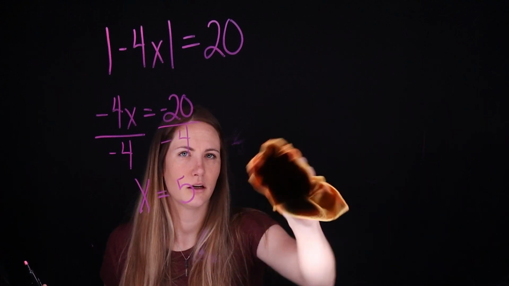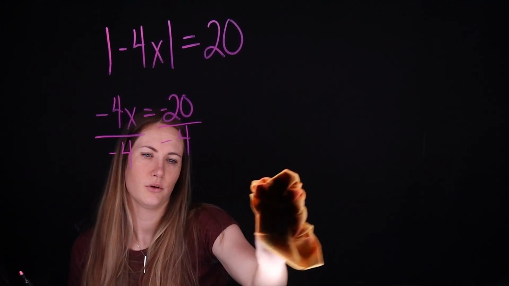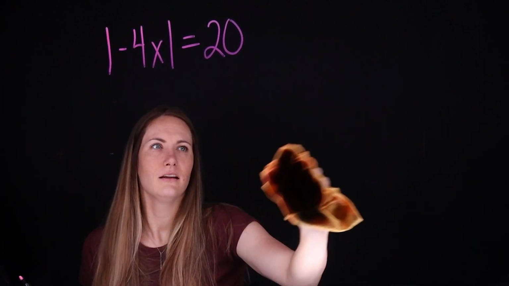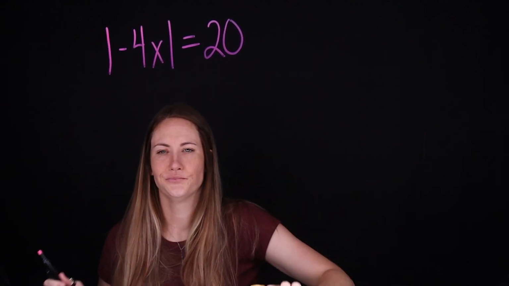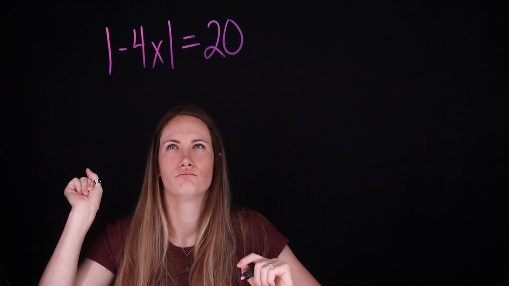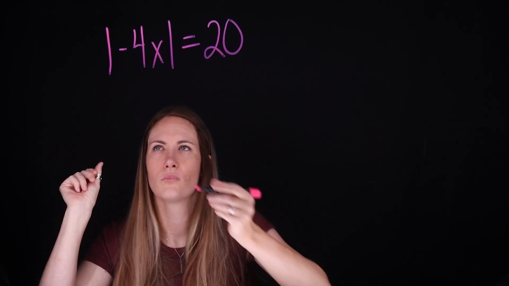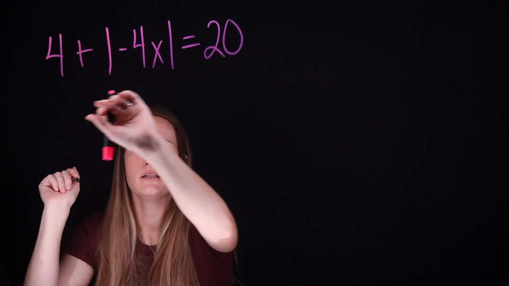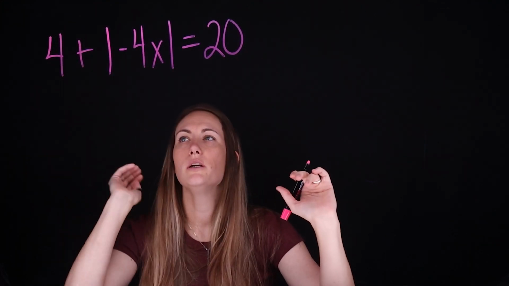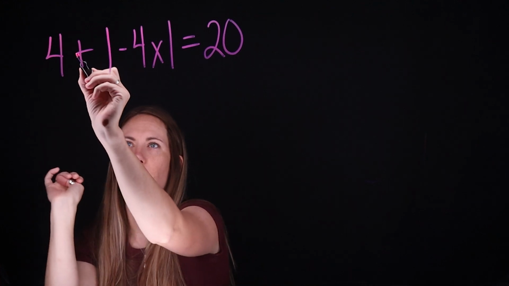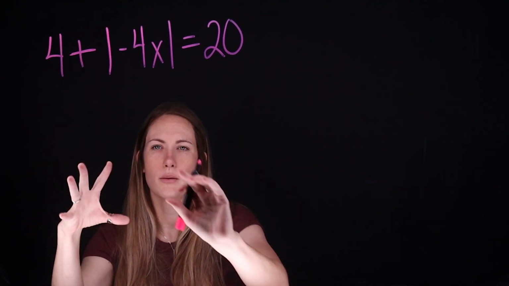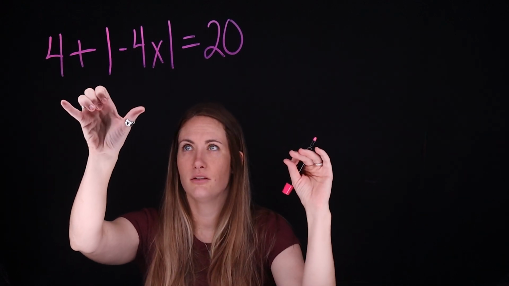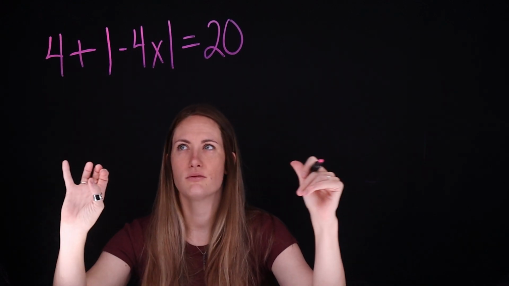Okay, I kind of want to show y'all an example real quick what I'm talking about. So if I had, let's say, four plus this here, what you'd have to do to be able to do your positive and negative, you can't just drop down right here and do 4 plus -4x equals -20, and 4 plus -4x equals +20.